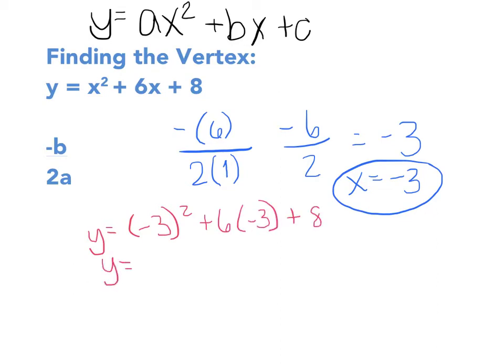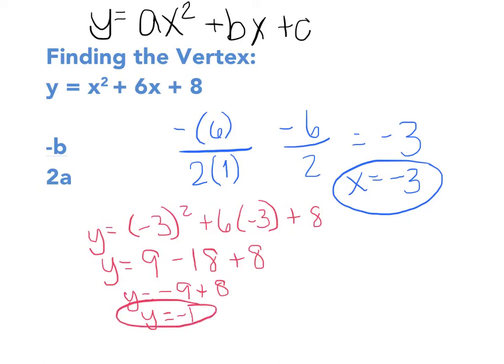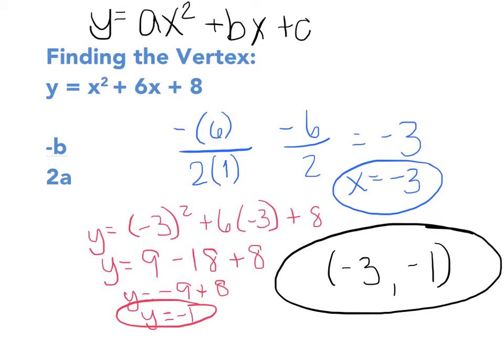Negative 3 times negative 3 is a positive 9. 6 times negative 3 is a negative 18, plus 8. 9 minus 18 is negative 9, plus 8. y equals negative 1. So my vertex coordinate, my final answer that I write, is negative 3, negative 1. And that will be the vertex of our graph.